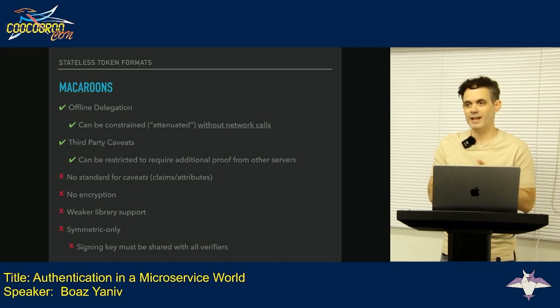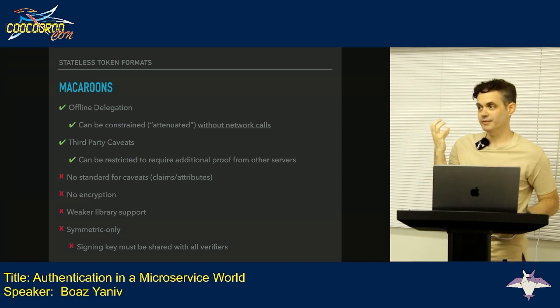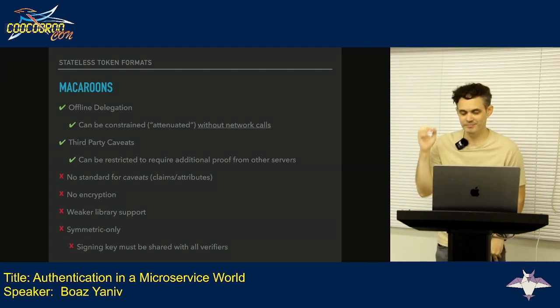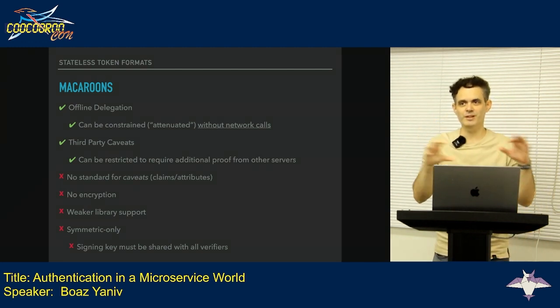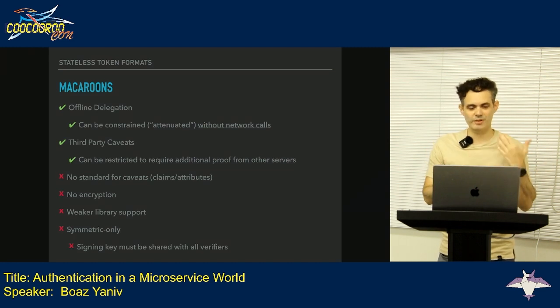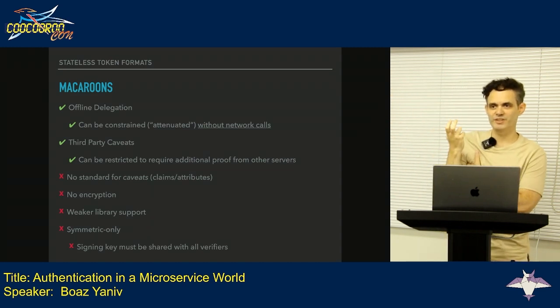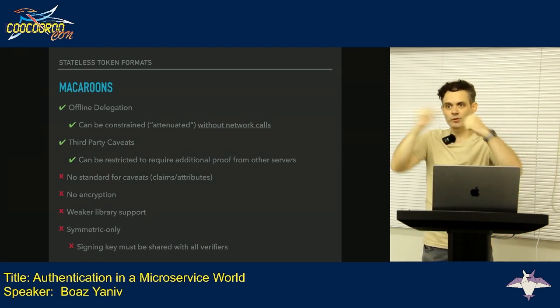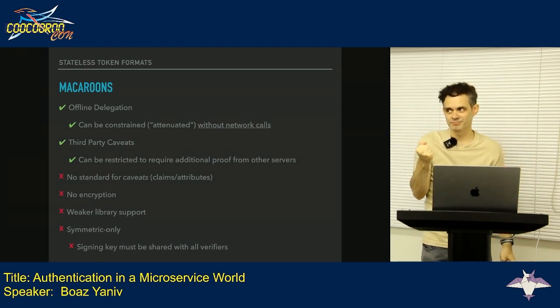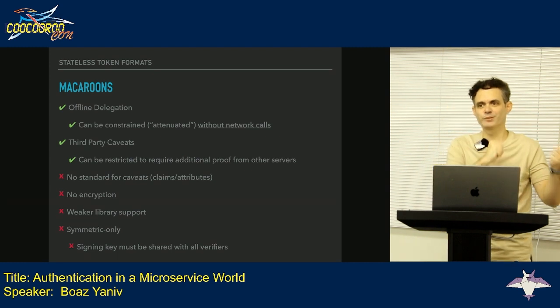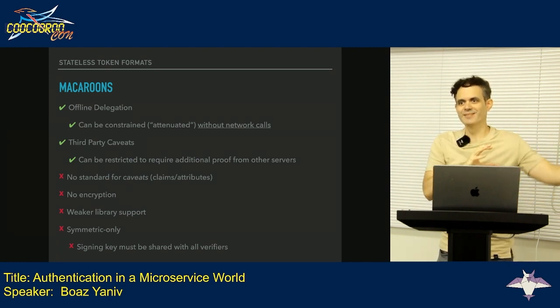And you can add the caveats offline. So the client can take a macaroon, add caveats to the macaroon without knowing the secret key and without being able to sign it. And then it can send the macaroon with these caveats. And the caveats cannot be removed because the cryptographic key that was used before is not there.